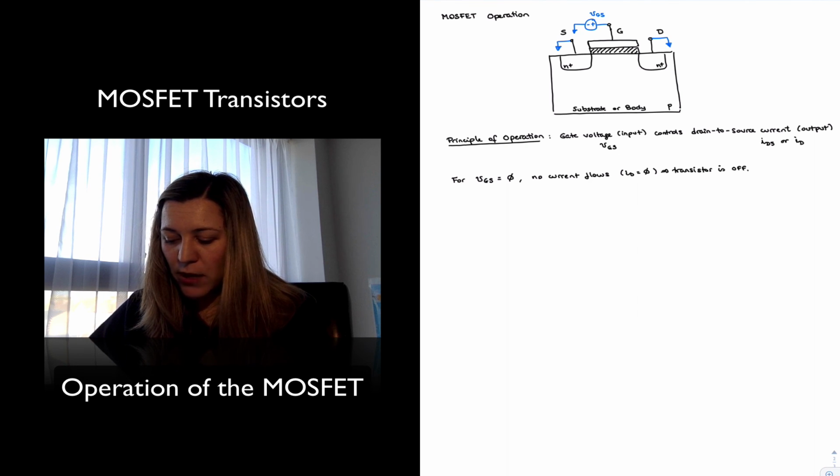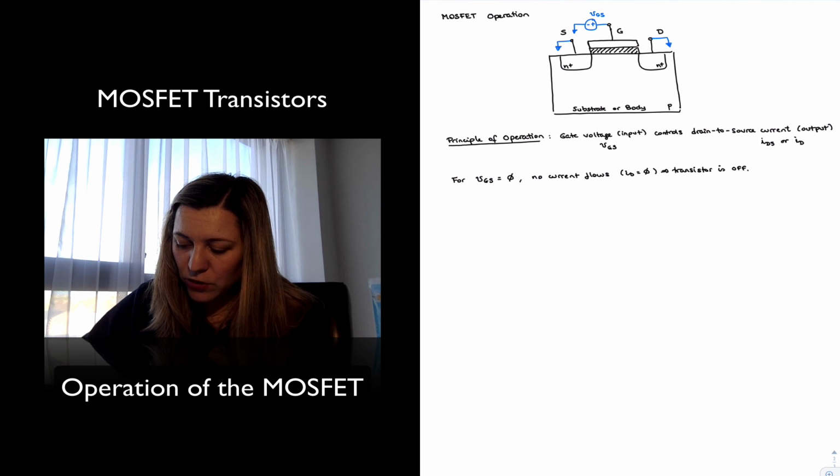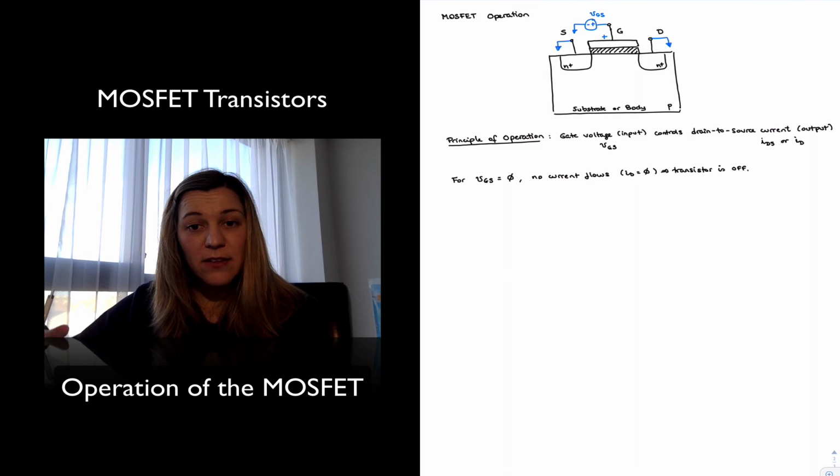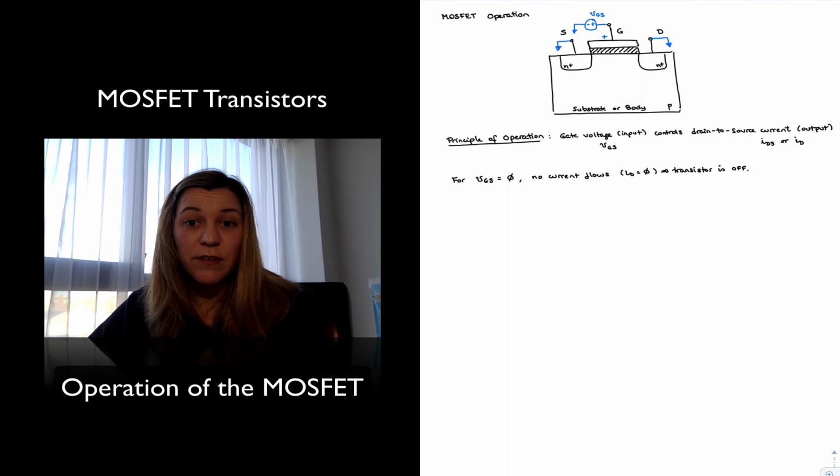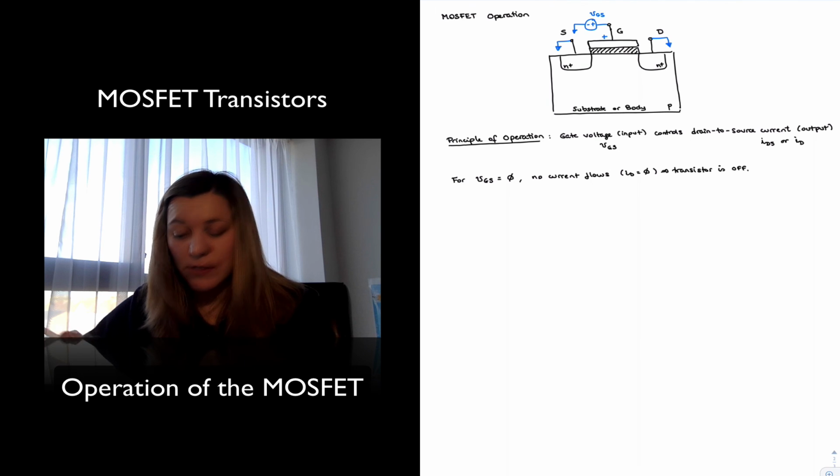However, as I apply a positive voltage, a more positive voltage on the gate terminal of my transistor, what I am creating is an electric field. An electric field is pointing in the direction of flow of electrical current, or the direction of the force that a positive charge will experience, right?